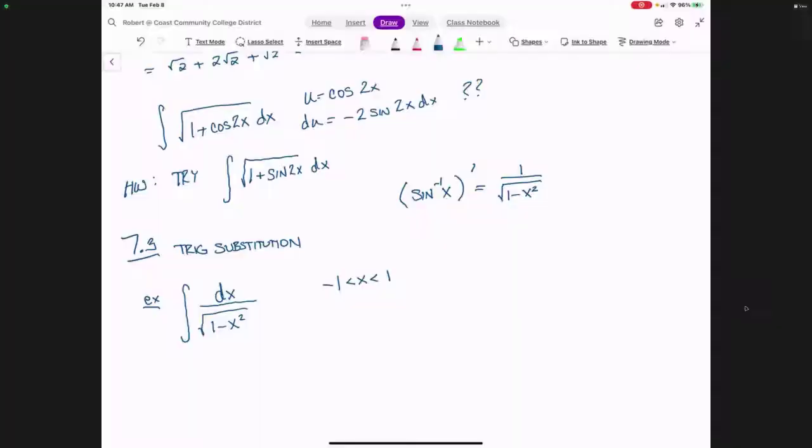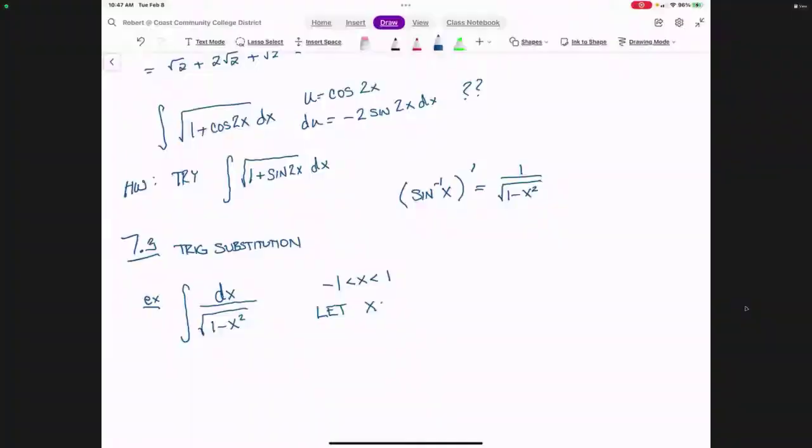Mr. Plackmeyer has this bold substitution. He said, okay, well, here's a function that takes its values between -1 and 1.